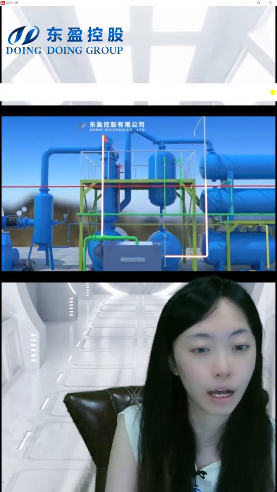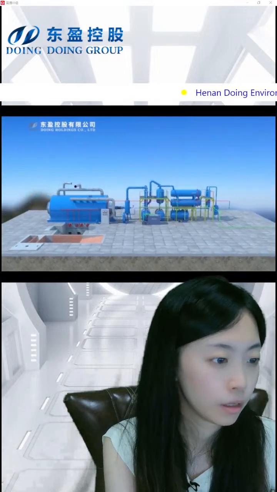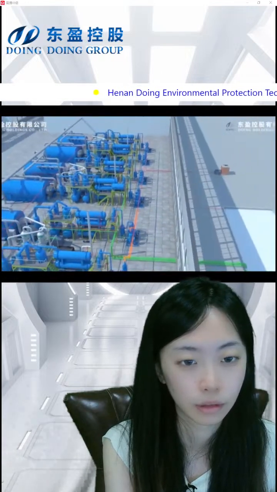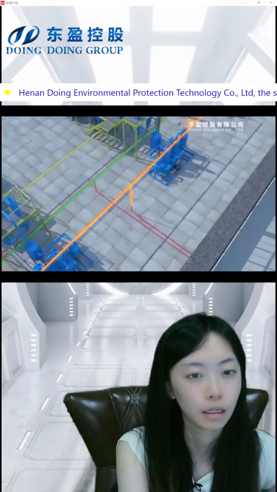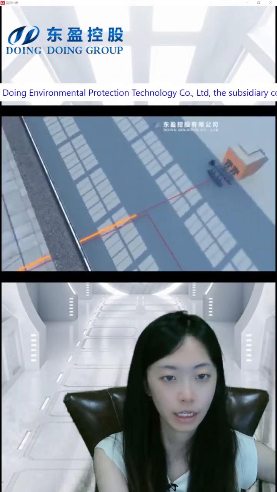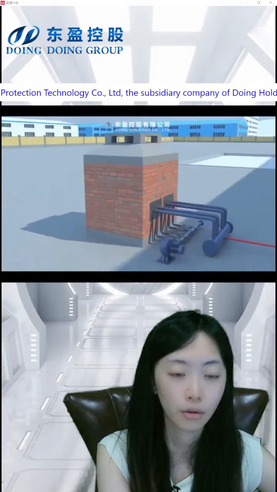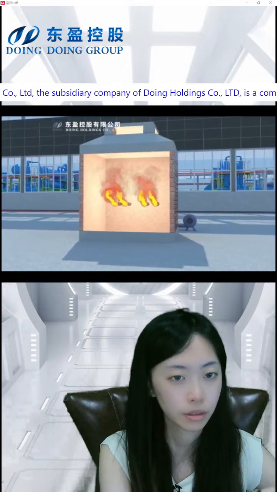Well, we have three kinds of equipment: the batch type, the semi-continuous, and the fully continuous. The batch type is most of our business. If your material is a hazardous waste, like oil sludge or coal tar oil, then you can just use the batch type.